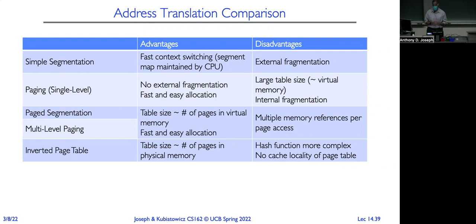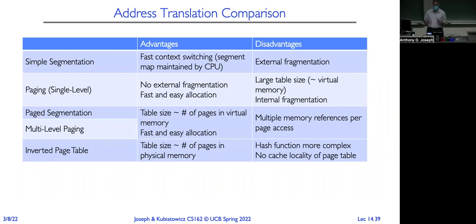Page segmentation or multi-level paging, both of those approaches make the table size now proportional to the number of pages in use in virtual memory. We get the advantages of fast allocation by using paging at the lowest level. But the disadvantage is it can be multiple or many memory references just to do one read or one write.